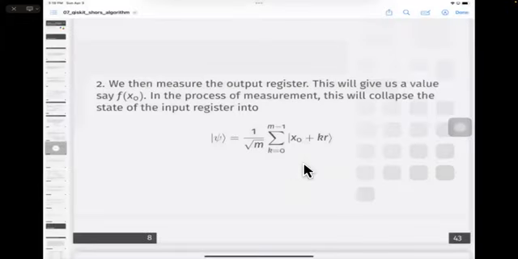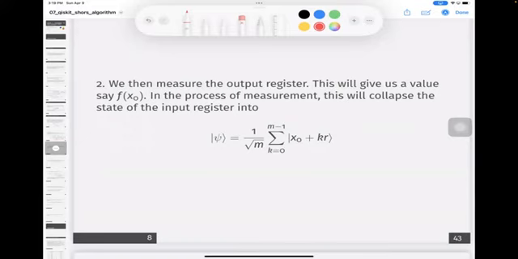So if we go back here, let me show you again. These are your numbers in the input register, because we have measured the output register to be f of x0.